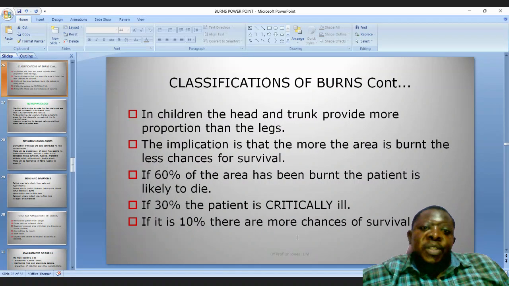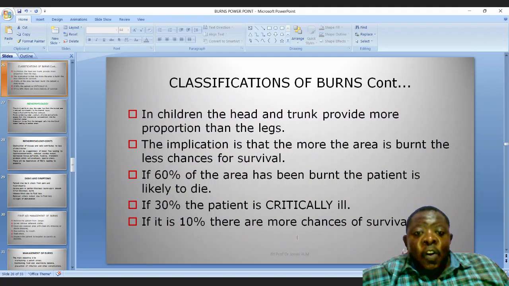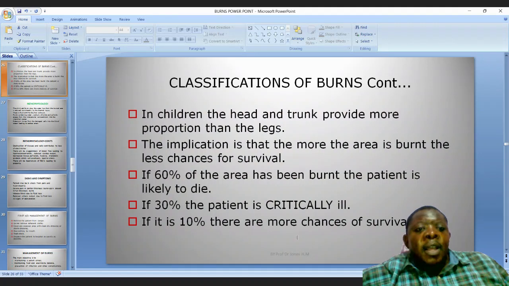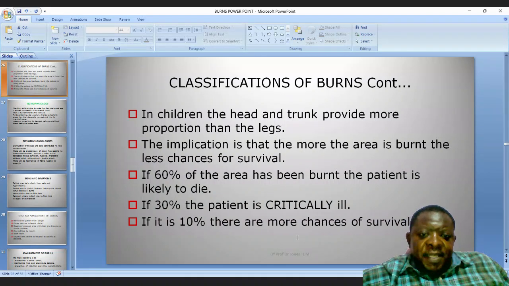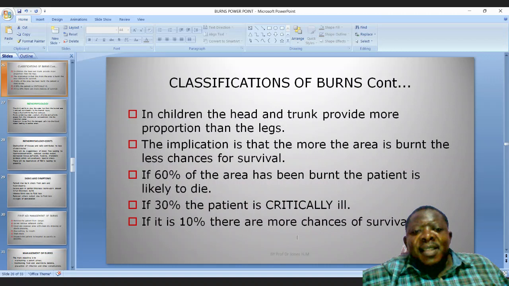So in children, the head and the trunk provide more proportion than the legs. The implication is that the more the area is burnt, the less the chances of survival. If 60% of the area has been burnt, the person is likely to die.